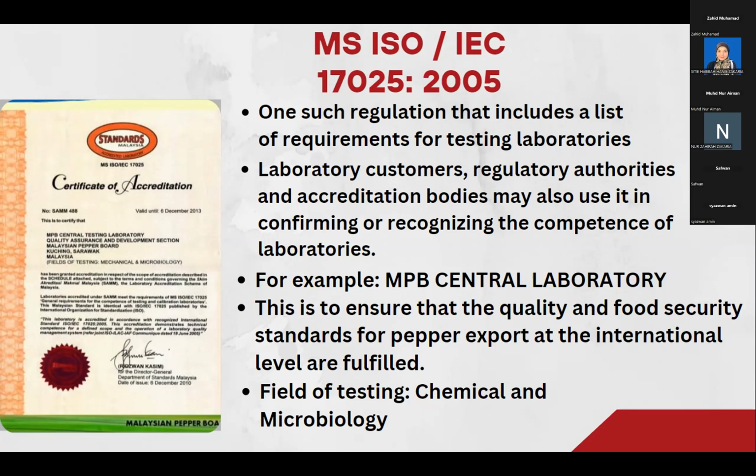For example, Malaysian Paper Board Central Laboratory. This is to ensure that the quality and food security standards for paper export at the international level are fulfilled. Their field of testing is chemical and microbiology.